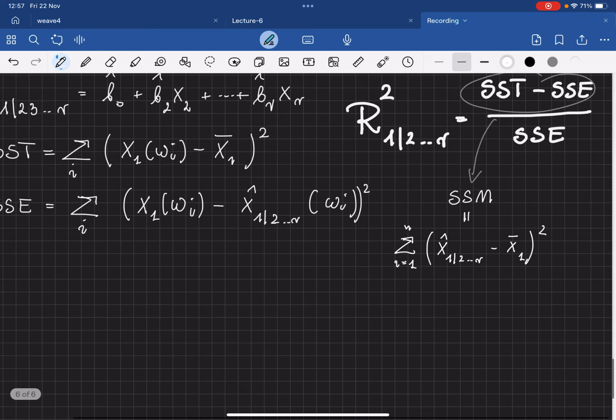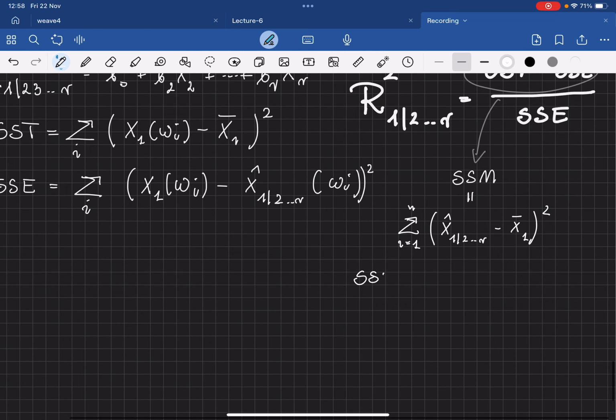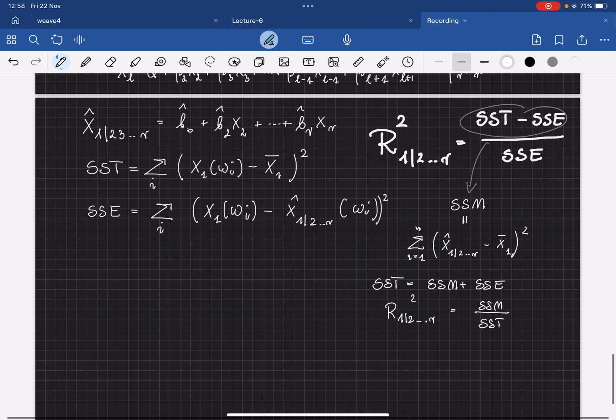And as usual, we have this relation SST equals SSM plus SSE, which means that R squared can be also written as SSM divided by SST. So this is for the descriptive statistics. We can measure how much information we gained by using regression as the prediction of our value of variable x1 rather than just the mean value.